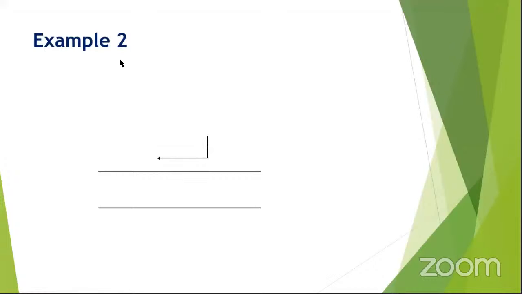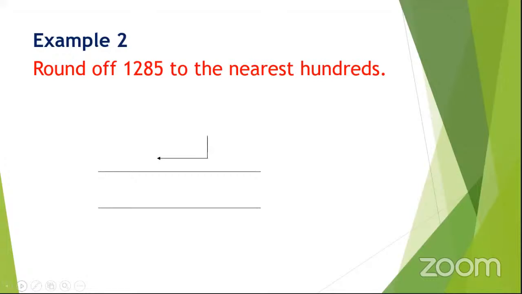So we are looking at example 2. They're saying round off 1,285 to the nearest hundreds. So what do we need to do? The first thing, you write the number there.